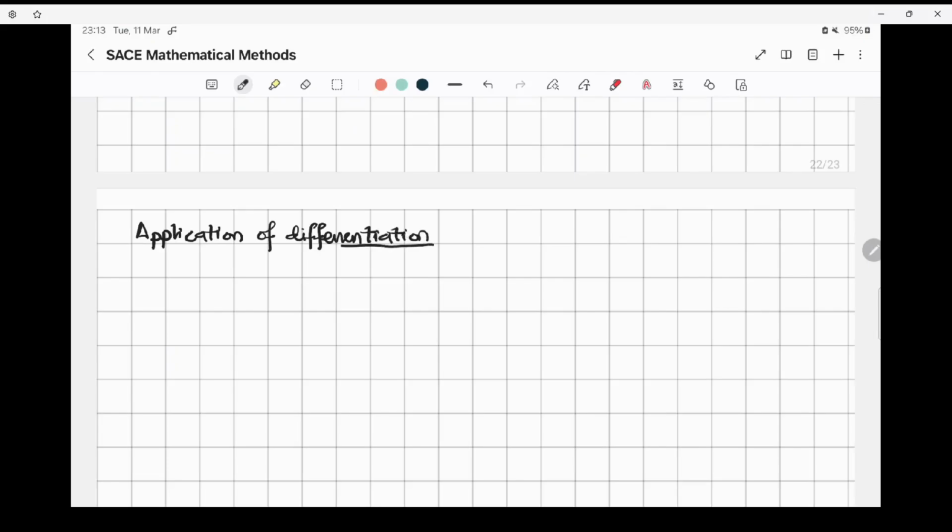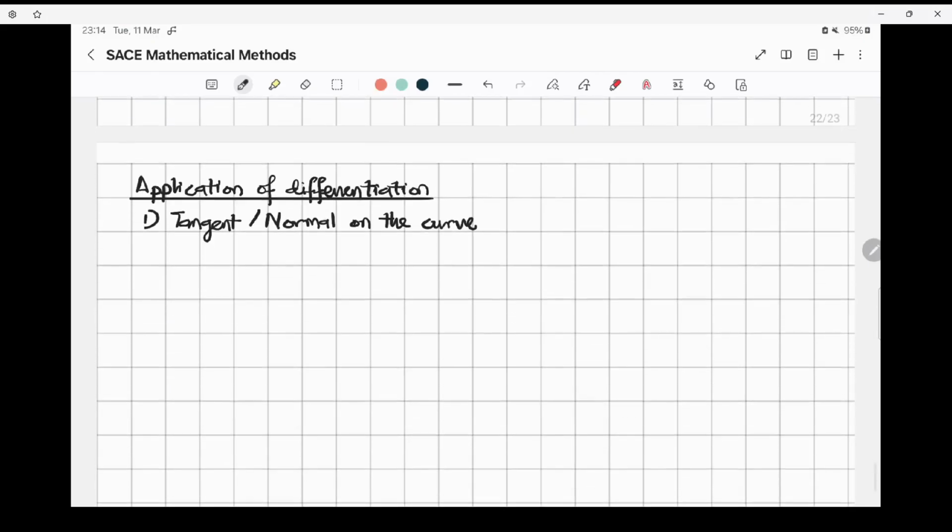So of course the first application is to find the tangent or the normal on the curve. So this is not that difficult. Basically what you need to do is to find your first derivative.